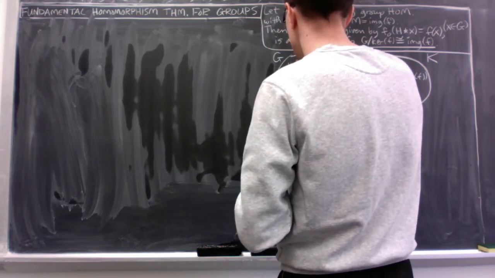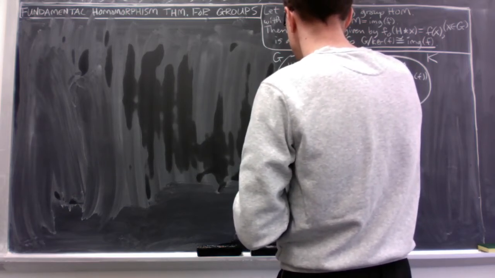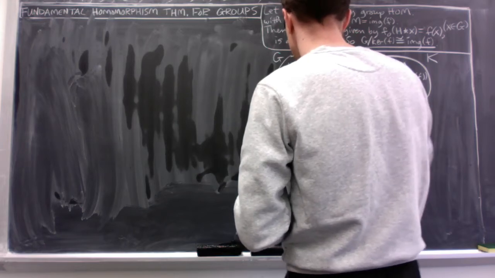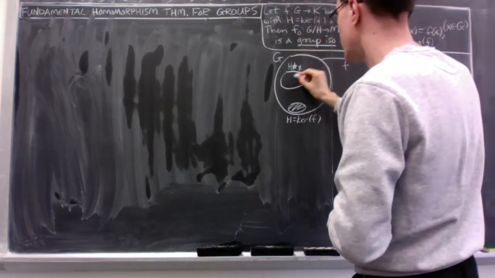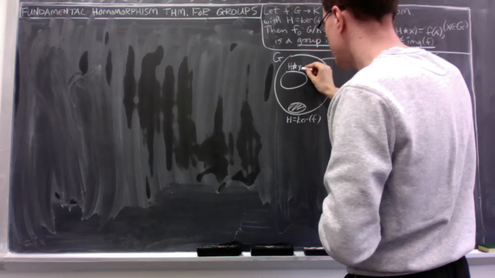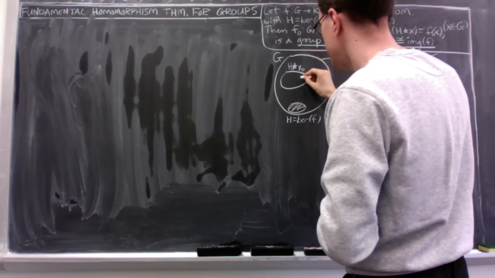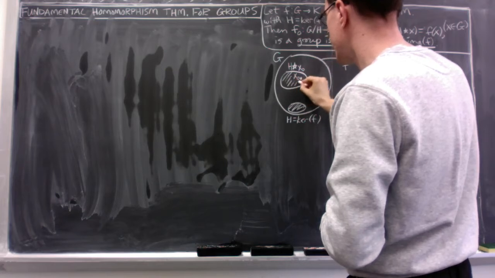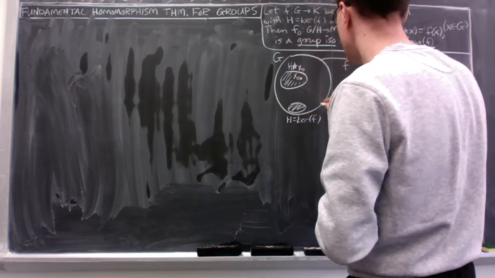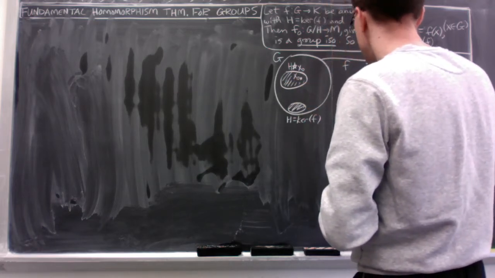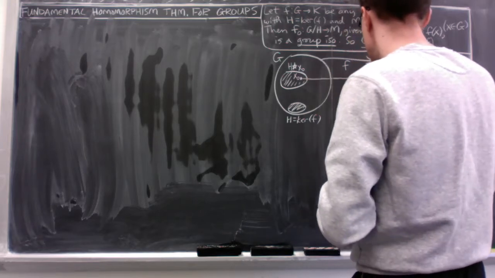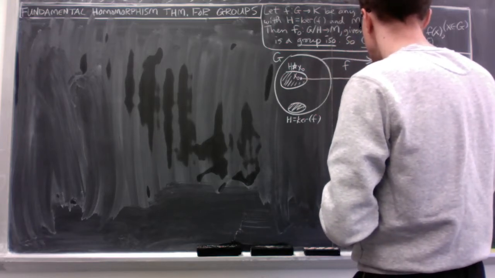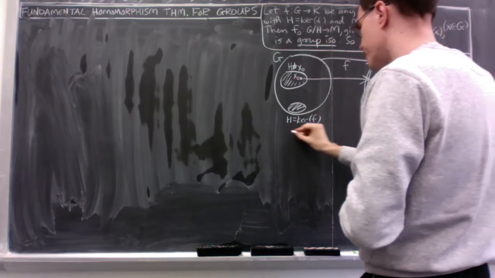Maybe this is H star x, where x is some point, or what do I want to call it? I'll call it x naught. So x naught is in that coset, and there's a whole bunch of other stuff in there too. And x naught is going to be sent by f to some point y naught in the image.